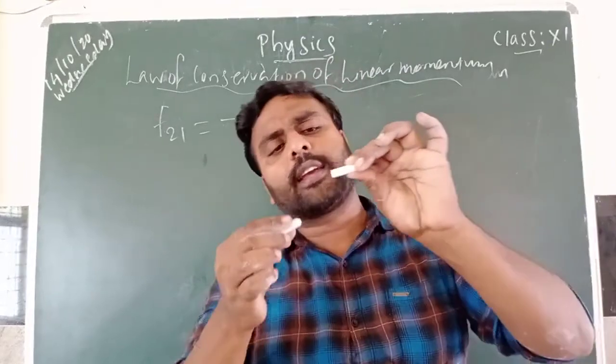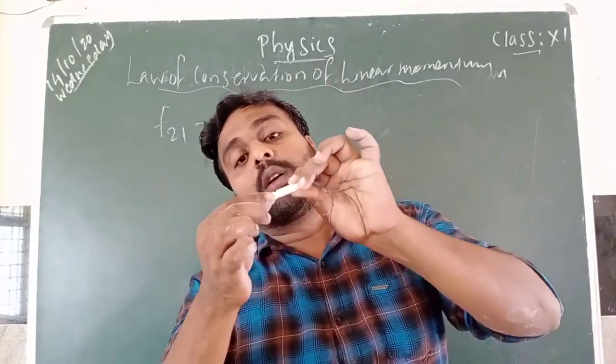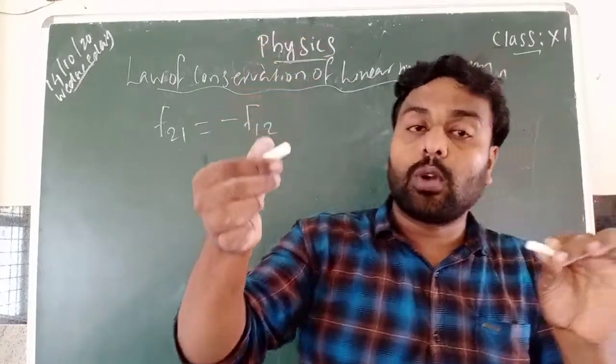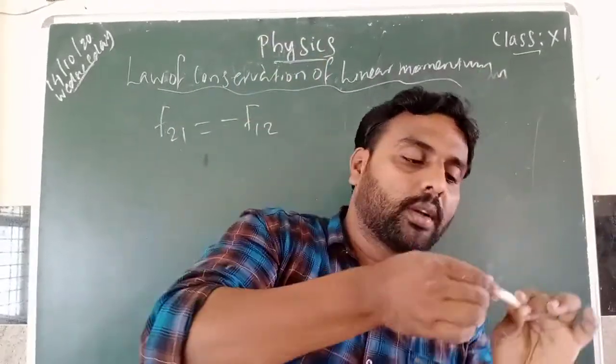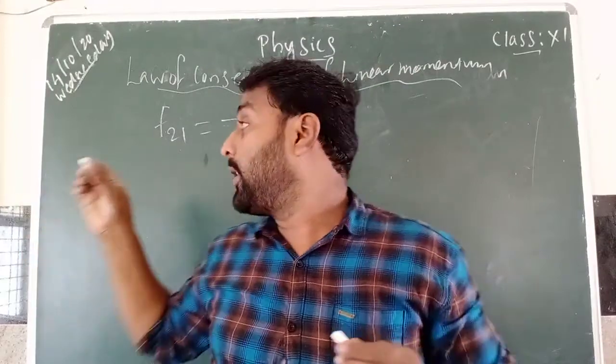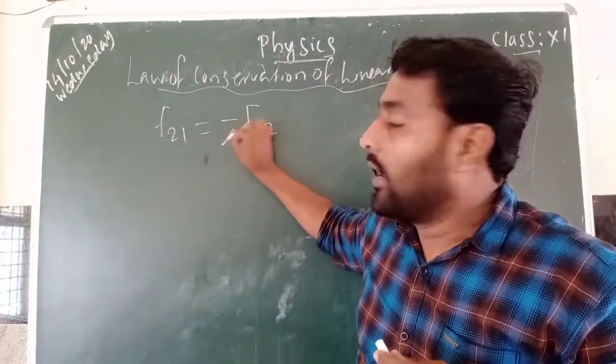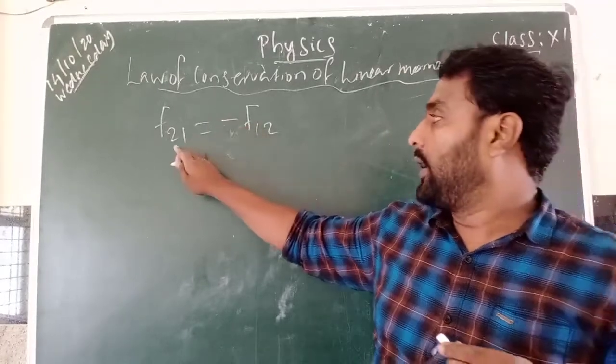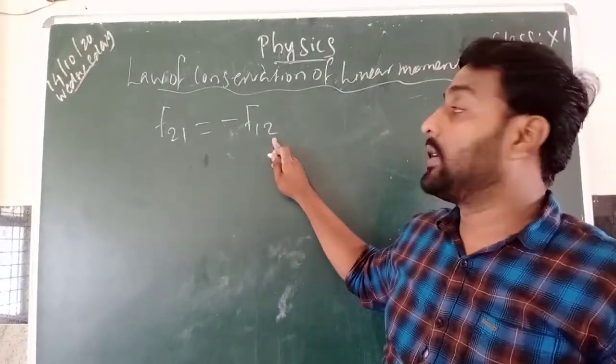What is happening? This particle exerts a force on particle 2, and at the same time particle 2 also exerts a force on particle 1, but in the opposite direction. That is why we use the minus symbol: F21 is equal to minus F12.